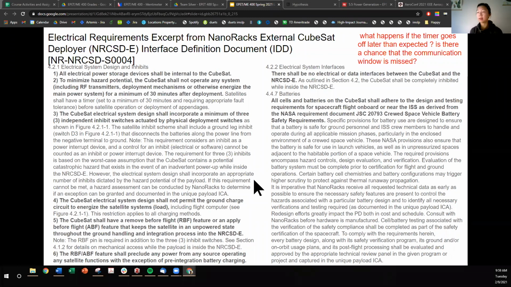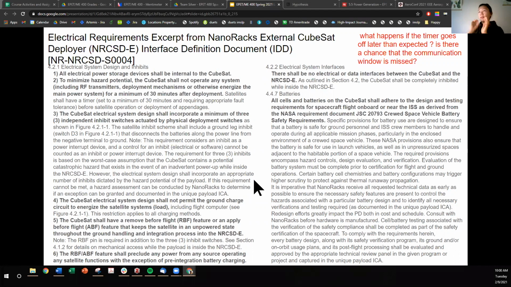Next, the RBF or ABF feature shall preclude any power from any source operating any satellite functions, with the exception of pre-integration battery charging. So a little comment about this. Our inhibit switches are on the rails of the CubeSat structure. When it's inside the P-pod deployer, the switch is pressed down into the satellite.